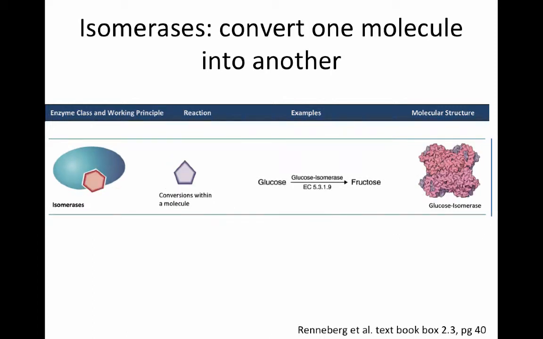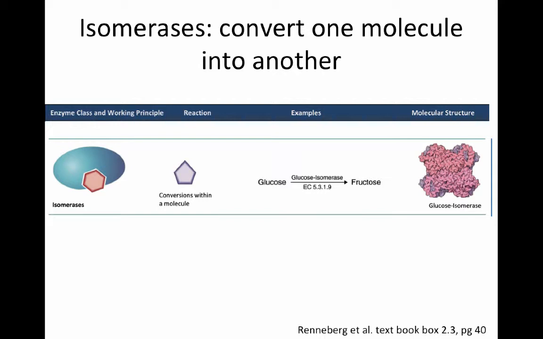Our next class of enzymes, our fifth class, are isomerases. And an isomer, if you remember from chemistry classes, is a molecule that has the same molecular formula, so the same number of carbons, oxygens, hydrogens, but they are in a different form. So essentially we're converting one molecule or one molecular form into another.